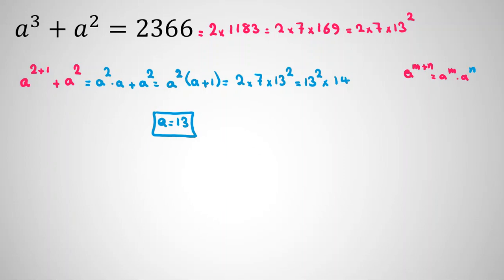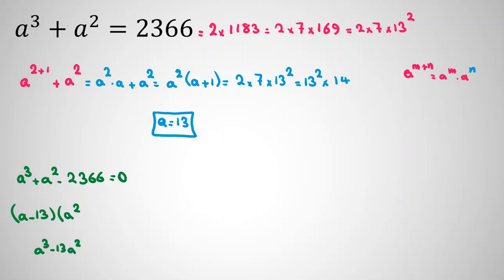Next step, we try to factorize. We take everything to the left-hand side: a cubed plus a squared minus 2366 equals 0. Now we factor out a minus 13, because 13 is one answer. We place a squared, so it will be a cubed minus 13a squared.